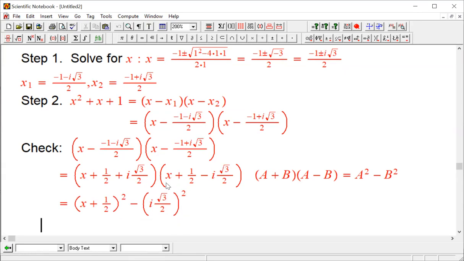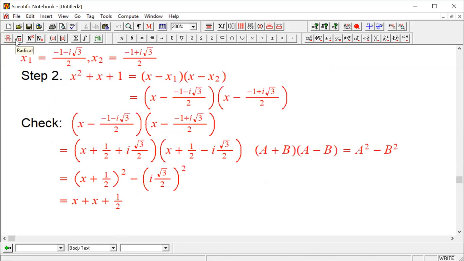And then we'll simplify that. To work this out, we can use a special formula. So x squared plus x plus a quarter, since one half squared is a quarter. And the other one, you're going to separate into i squared with root 3 over 2 squared.